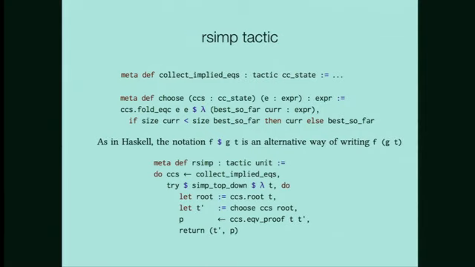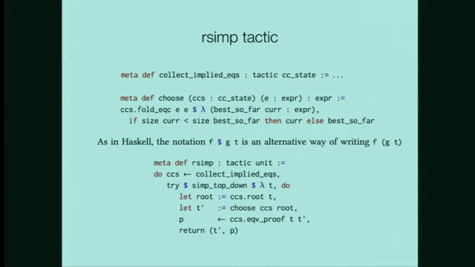Now, assuming we have this, we can write a function choose that, given this data structure, the CC state, and an expression E, does the following. We traverse the equivalence class of E and look for the smallest, minimal element there. Basically, I'm using a fold for traversing the equivalence class.